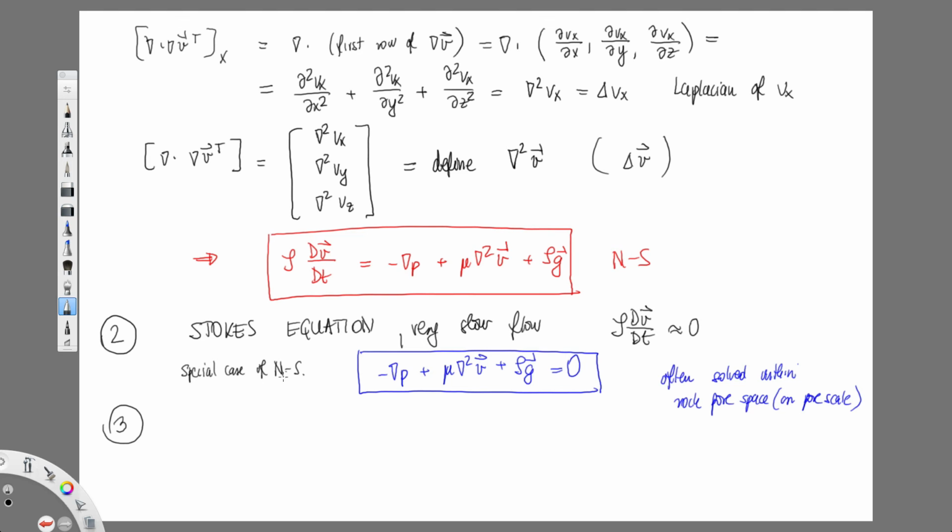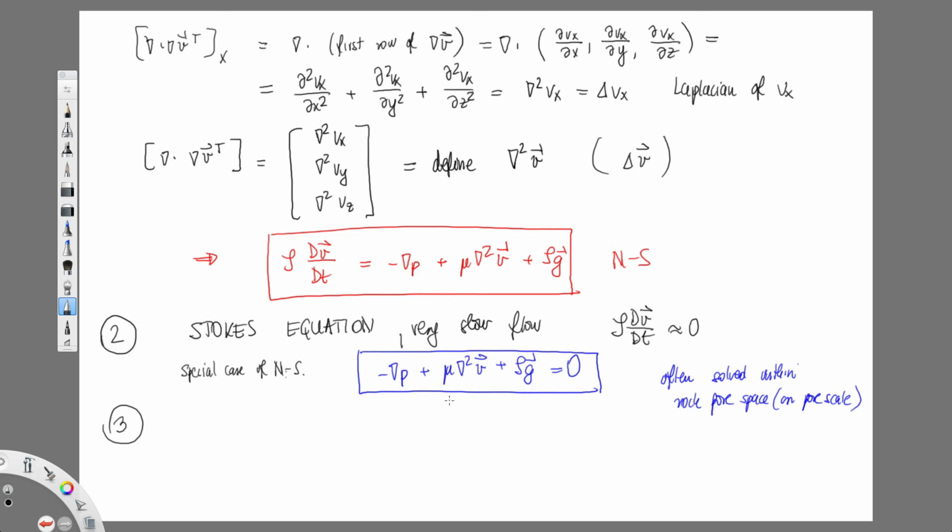On the other end of the spectrum is a situation where velocities are so fast that viscosity has no time to act. And that is our Euler equation, used in aerodynamics, basically solving flow around airplanes. So that's the part where you can basically ignore the viscosity times the Laplacian of velocity. But you cannot ignore the time component.